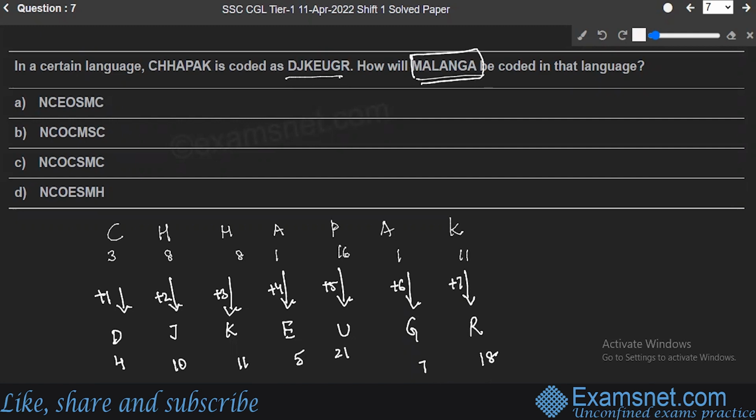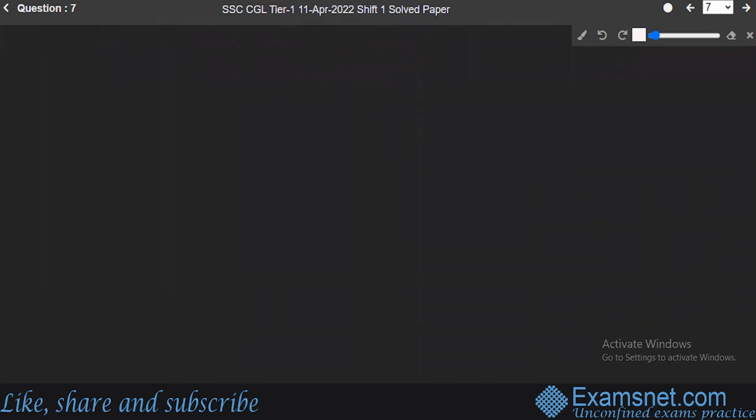Malanga, let's see. Malanga will be: M is at position 13, A is at 1, L is at 12, A is at 1, N at 14, G at 7, A at 1.